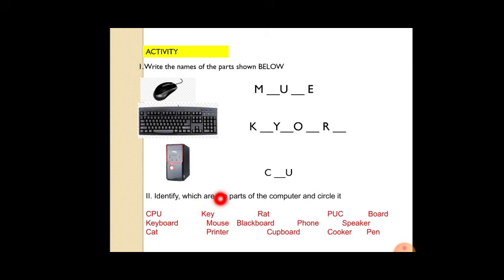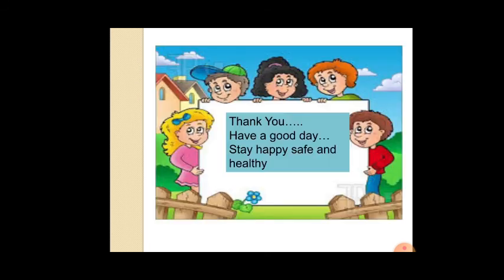CPU, key, rat, board, keyboard, mouse, blackboard, phone, speaker, cat, printer, cupboard, cooker, pen. You should only circle the parts of the computer, and not the others.